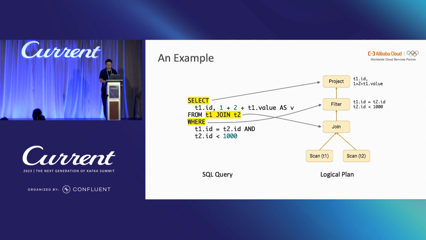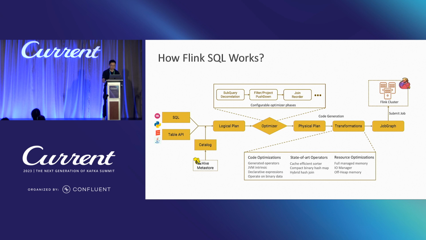They all represent specific data operations that describe how to generate a new dataset from the input dataset. The logical plan will be sent into the optimizer, then to a physical plan, then to transformations, then to a job graph, and submitted to the cluster. So this is how Flink SQL works.